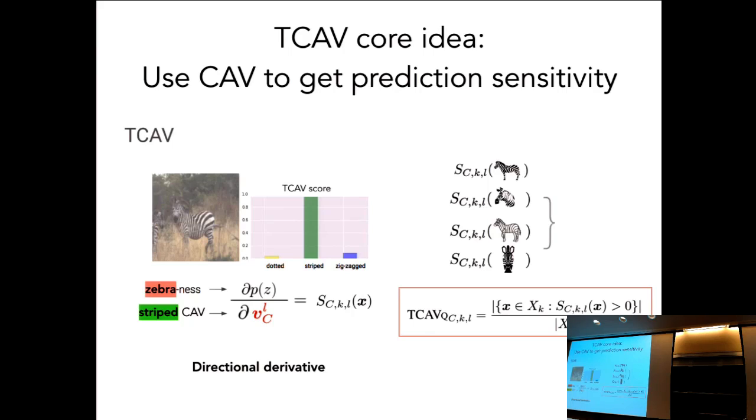If you are interested in whether the absence of stripes makes it non-zebra, then that's exactly what you would do. You can say how different the importance of stripes is in zebra versus everything else. Yeah, it's a great idea. If that's your interest, you can edit the TCAV score to be that and get that measured. Yes, good question.